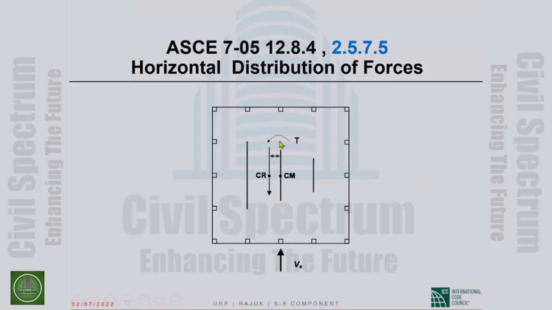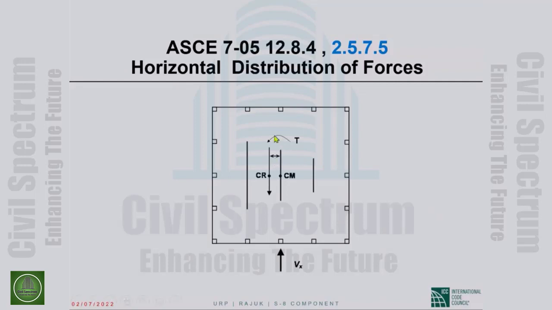The force acts along this line. The resistance acts along that line. So there is a torsion which will add to the shears in these resisting elements and will take away from the shears in those resisting elements. The addition we always consider in design, that take away we kind of ignore. Okay, so this is the significance of torsion.